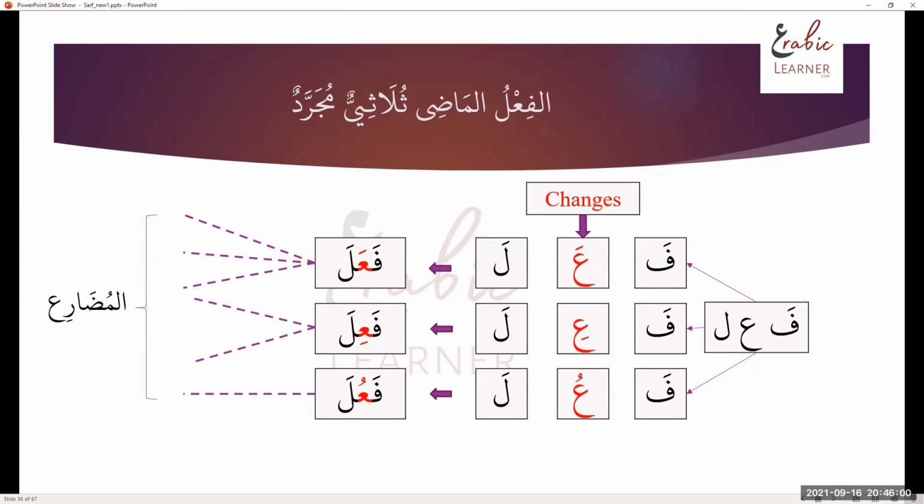There are three possibilities in Thulathi Mujarrad, and out of these three, there are several possibilities of Mudaare. Let us find that out. Let's find out for the first group first, which is Fa'ala.